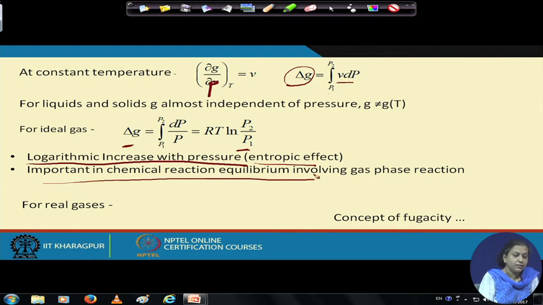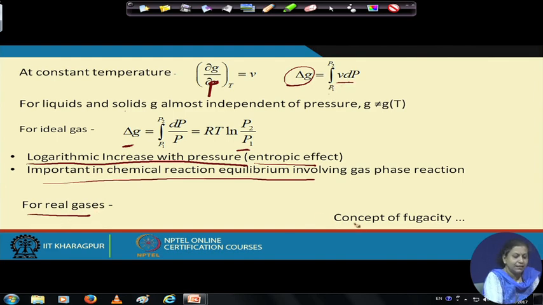So, we had discussed how Gibbs free energy varies with pressure for liquids and solids. We found out how Gibbs free energy varies for an ideal gas, and it is very evident that if we are dealing with real gases, then naturally we have to know how the molar volume of the real gas varies with pressure, for which we have to refer to the PVT behavior of gases.